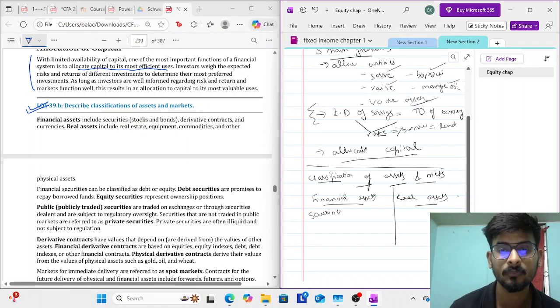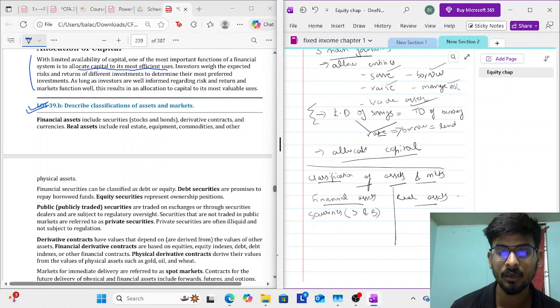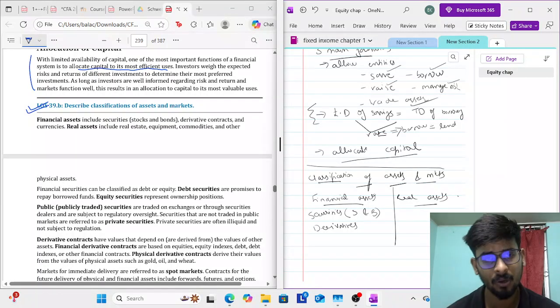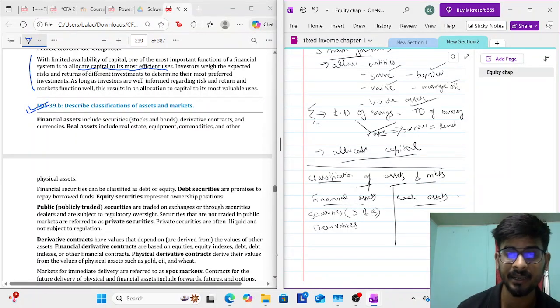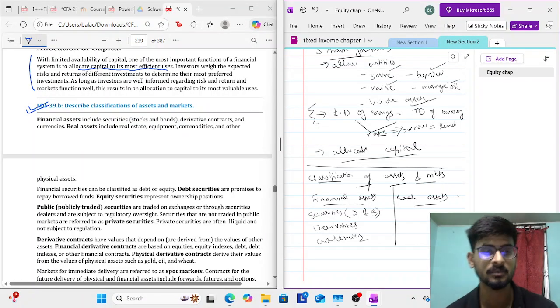Securities, which include stocks and bonds, derivative contracts. You are trading in stocks, you are trading in bonds, you are trading in derivatives, you are trading in currencies, you are trading in financial assets.